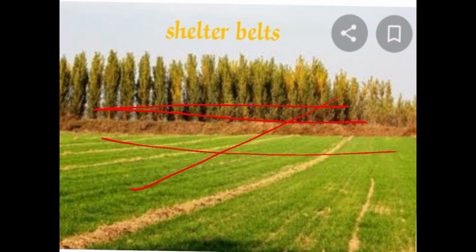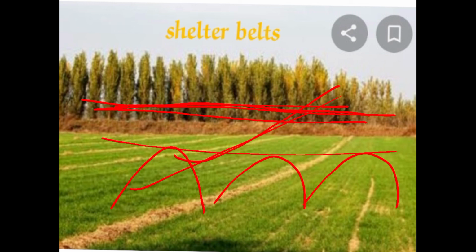They have contributed to the stabilization of sand dunes in desert areas. The sand dunes, like crescent-shaped dunes, here the sand is not washed away. These belts are a series of trees planted, and they control the soil from getting eroded.